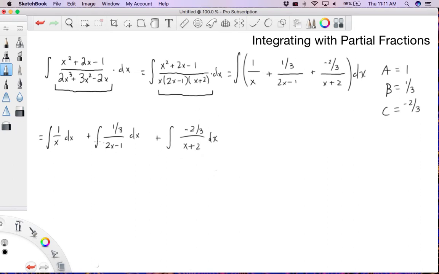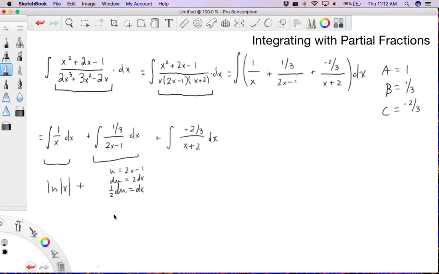Again, basically, this first one here just turns into ln of absolute value of x right off the bat. This one, you'll have to do a u substitution because u is equal to 2x minus 1, which means du is 2 times dx, which means the dx actually becomes 1/2 of du.